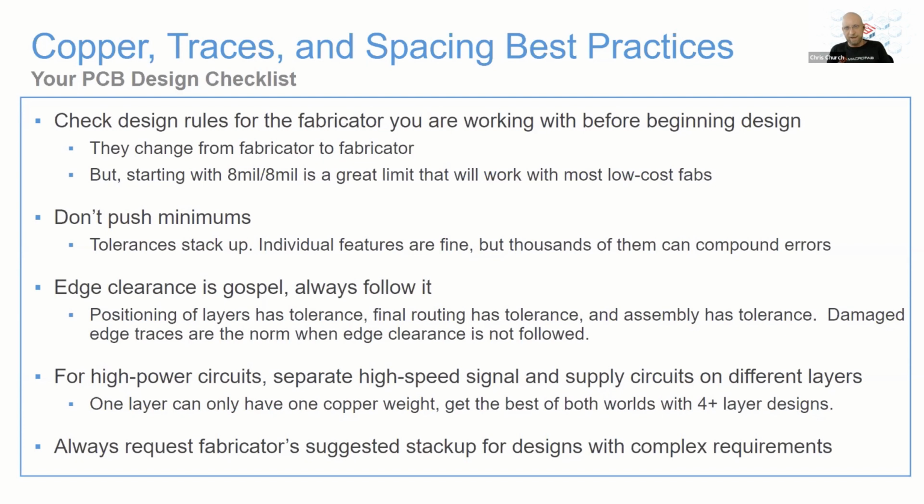And in the final assembly and manufacturing process, when they are separating boards out of the panel, they can cause damage to those edge traces. So both your PCB fabricator and your assembler will have edge clearance rules. Make sure to follow those.